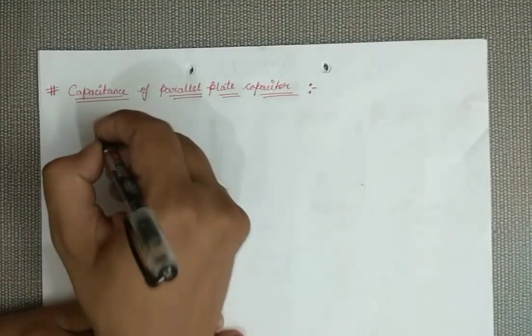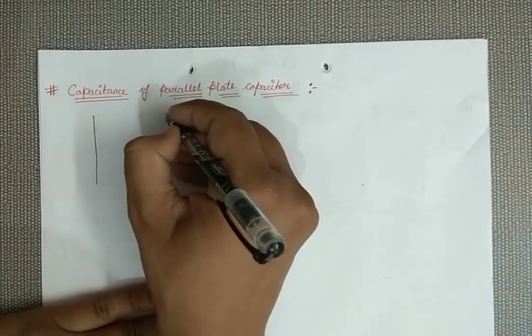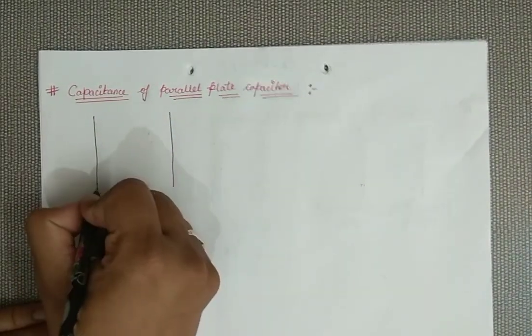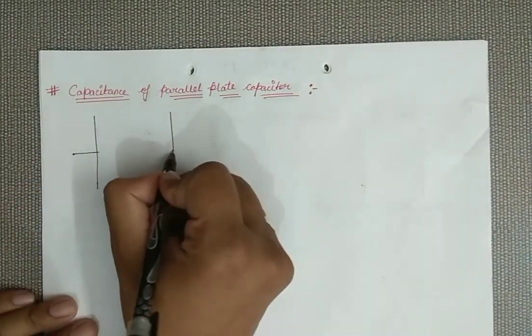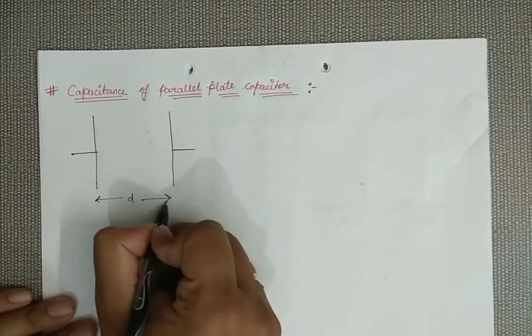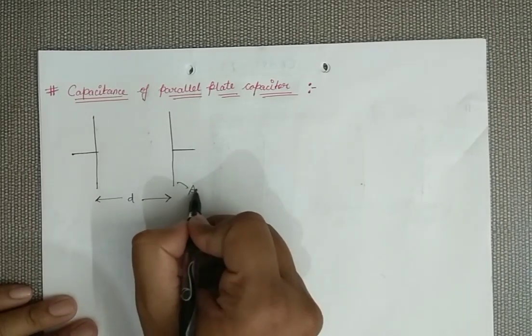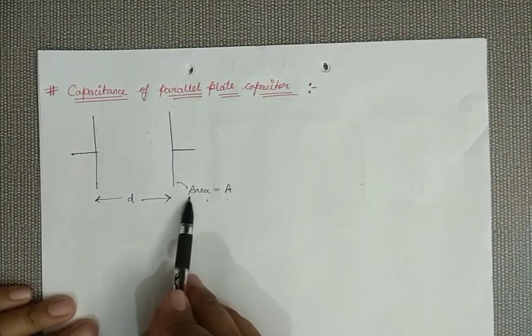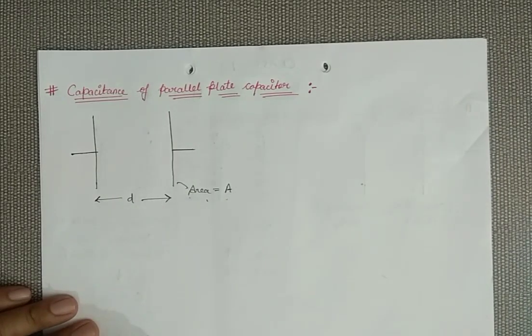So first of all, let me consider parallel plates. These are two plates. Let the distance between these two plates be d. Small d is the distance between the two plates, and the area of the plate is considered to be A. A is the area of the plate and d is the distance between the plates.